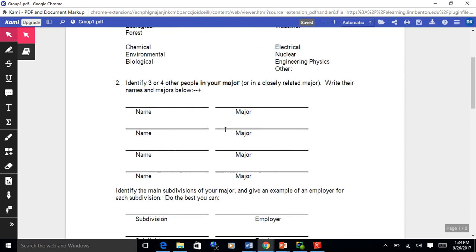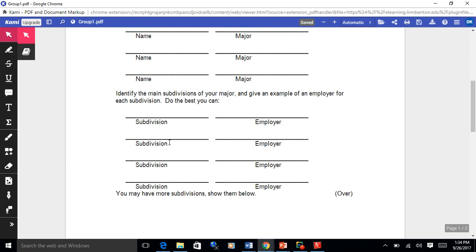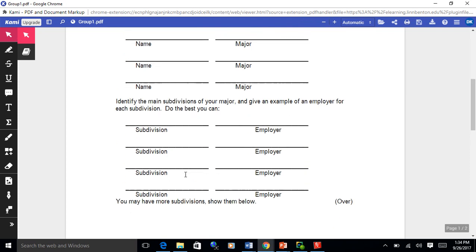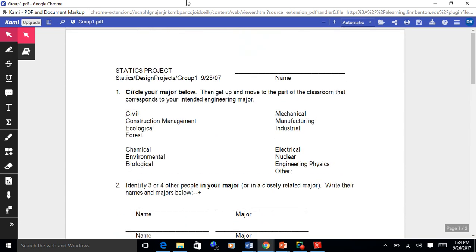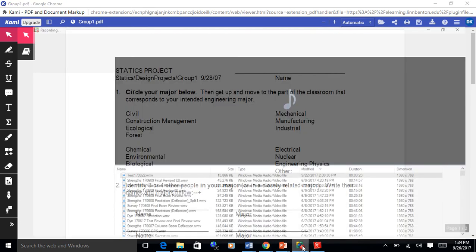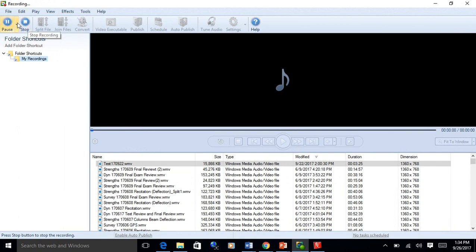But I'd just like you to kind of come up with 4 subdivisions within your major, okay? So the example of a subdivision would be in civil, one of the subdivisions is transportation. That's a subset of civil engineering. So just come up with 4 subdivisions of engineering in your major.